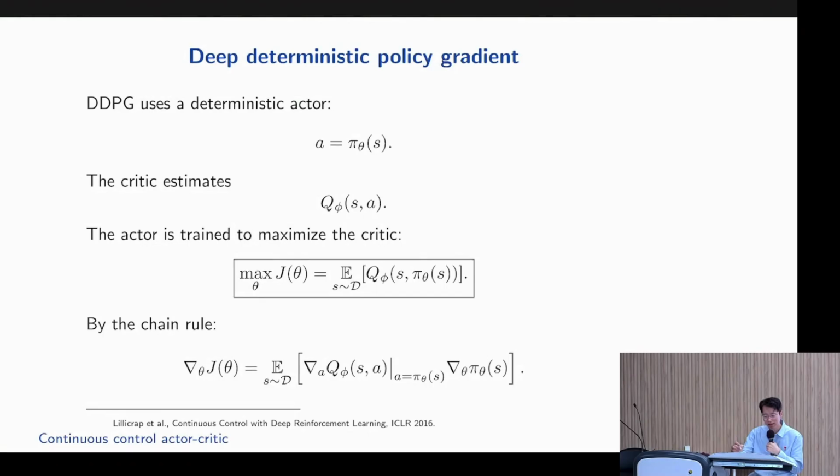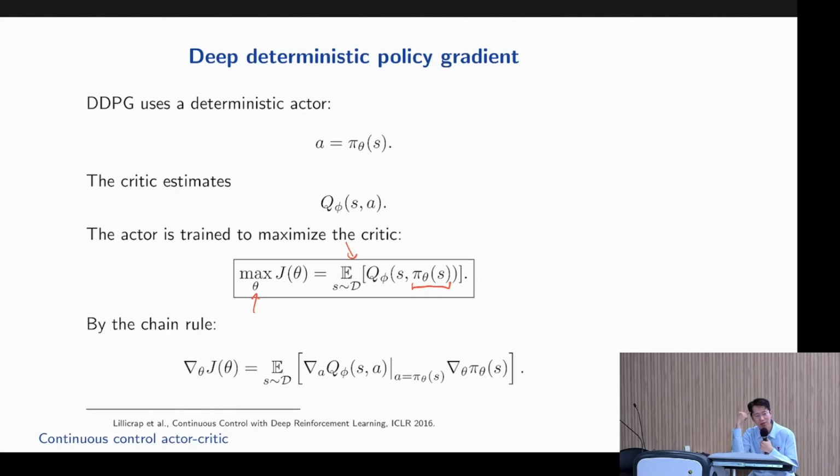Here is an algorithm called DDPG. They use a deterministic actor, and it's trained to maximize this. We apply gradient ascent on the actor parameter in such a way that the Q value evaluated at the policy is as high as possible.